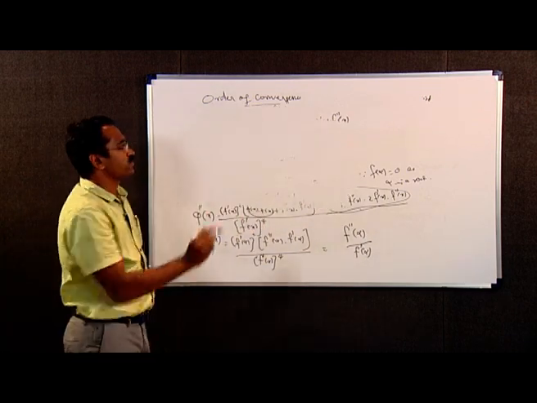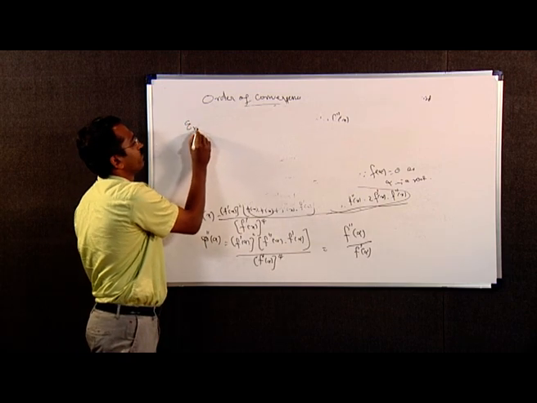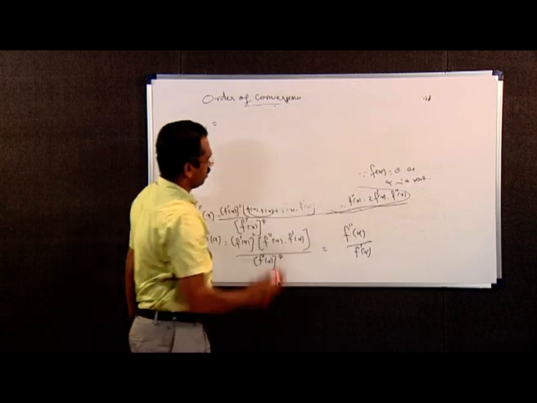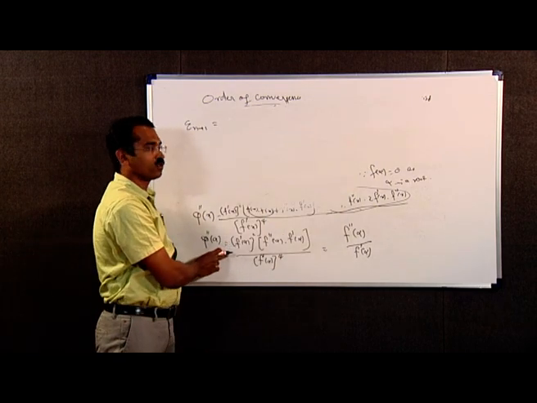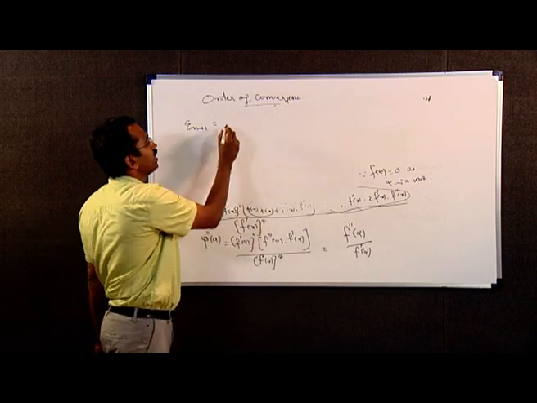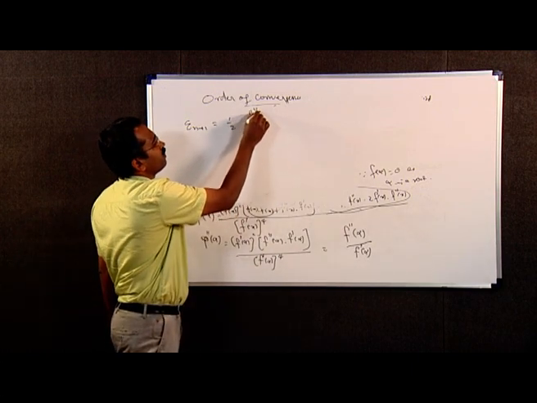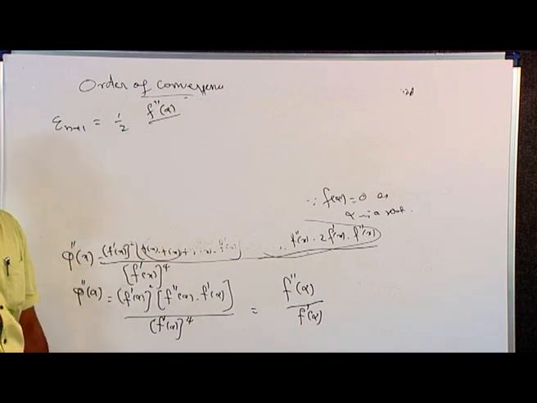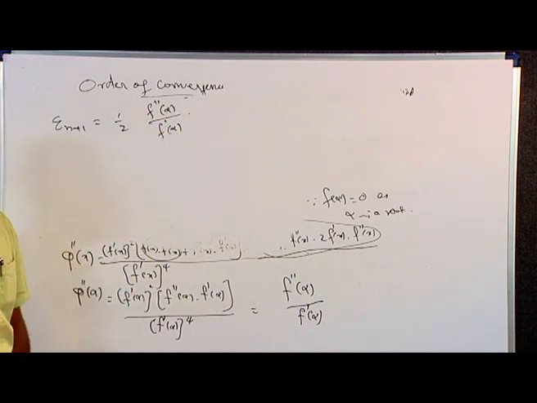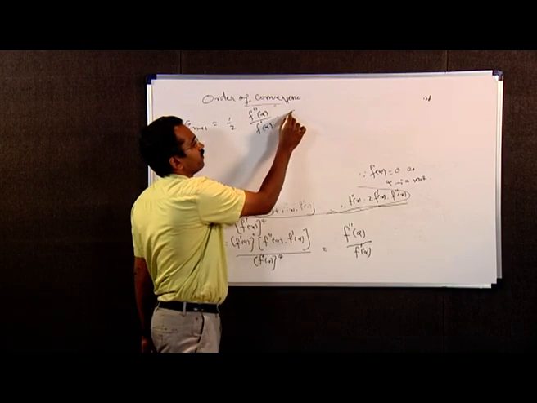Therefore, we substitute phi dash of alpha and phi double dash of alpha in the expression of epsilon n plus 1, and we will get 1 by 2 into f double dash of alpha divided by f dash of alpha into epsilon n square.